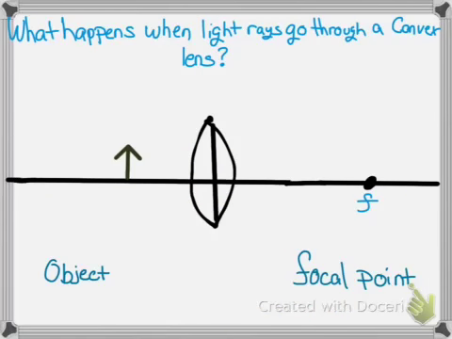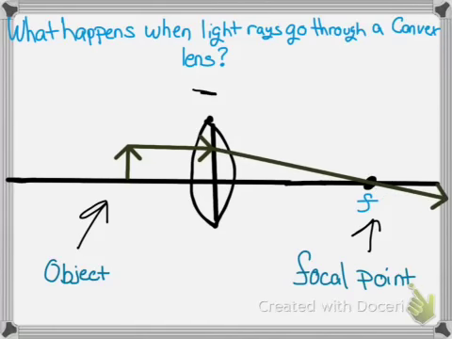So let's use another example, having your object a little bit closer to your lens. Here is your object, your lens, and your focal point. So, a ray parallel to your principal axis towards your lens, towards your focal point, and then the second ray goes through the principal axis.